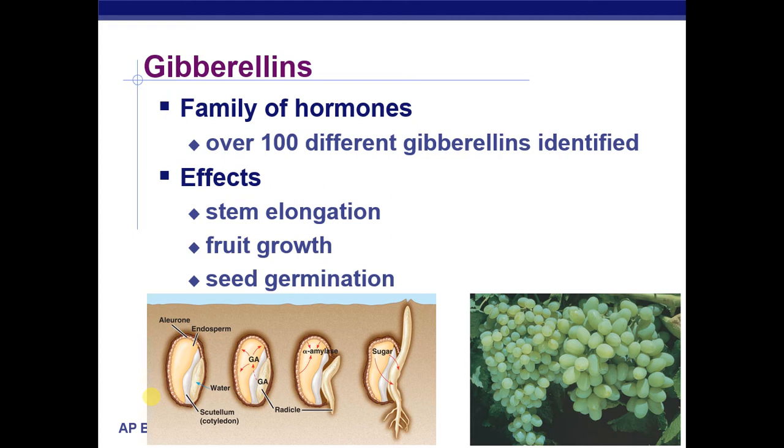The gibberellin becomes distributed and promotes alpha amylase production, which breaks down the endosperm, the nutritious part of the seed, into sugar, which the plant can use to grow, like you see on the far right. So gibberellin can make sure that a seed won't start to germinate until it's able to grow.